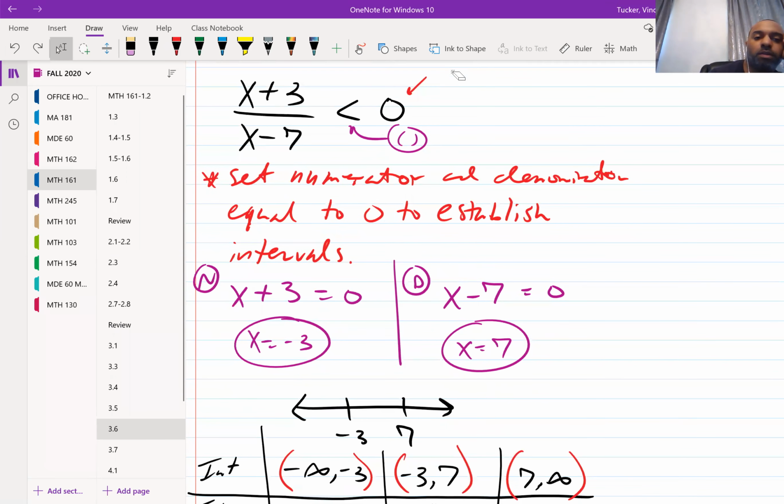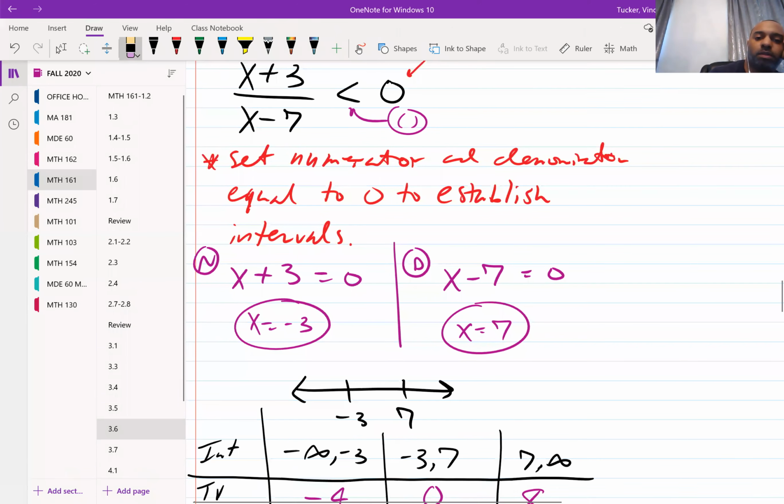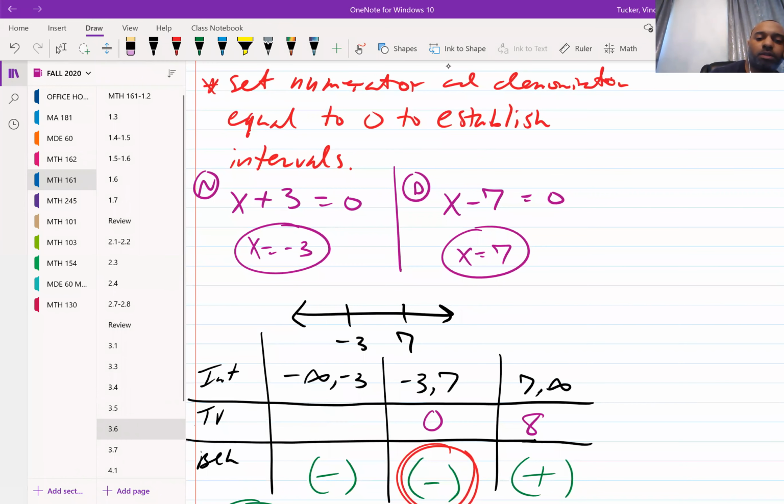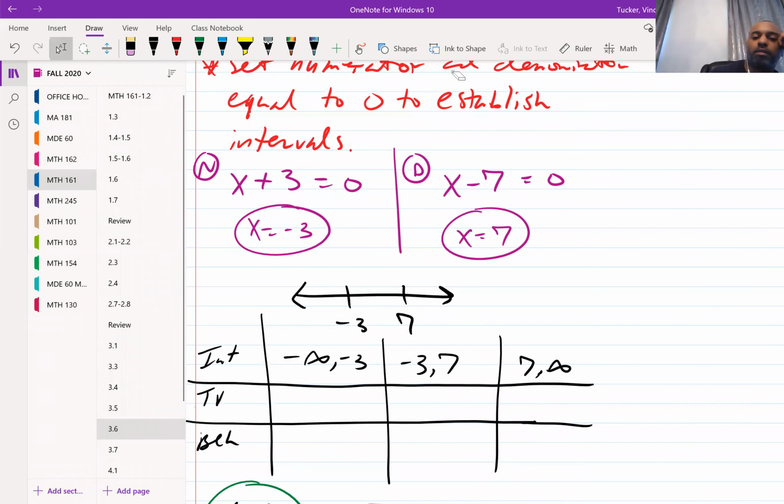All right. Set up your chart. Negative infinity to negative 3, negative 3 to 7, 7 to infinity. Once again, the chart setup is the same. We have our intervals, test values, and then behavior at the bottom. Parentheses on our infinity signs.